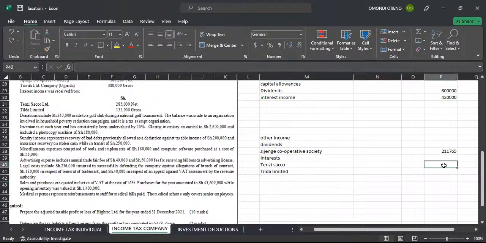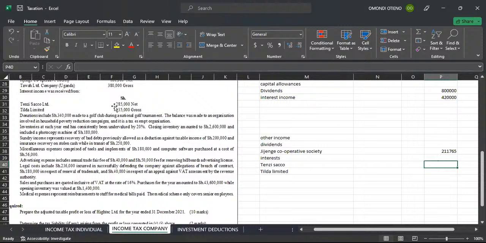So whatever was received from Tenzi Sacco here is net. So we adjust the missing 15%. We look for the missing 15%.